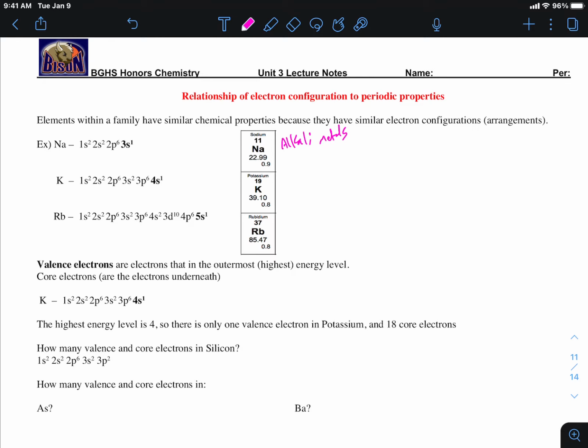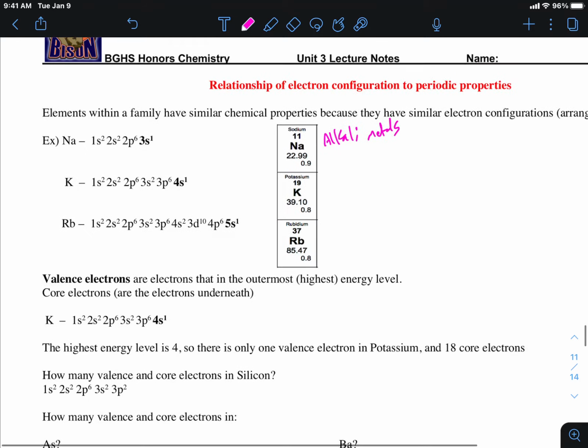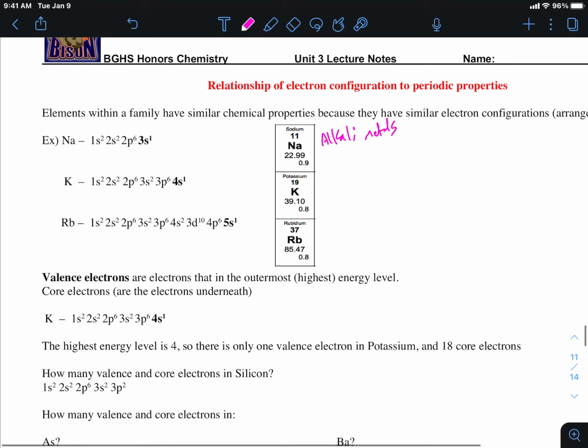Now, if I wrote out the electron configuration for all of them, sodium ends in 3s1, potassium ends in 4s1, rubidium ends in 5s1, cesium ends in 6s1. Everything in the same family ends the same way. They have more or fewer electrons, but they always end the same way.